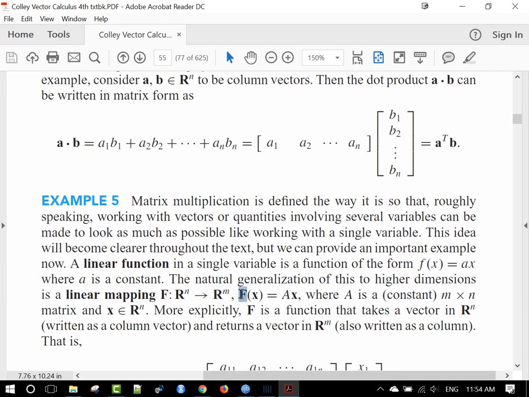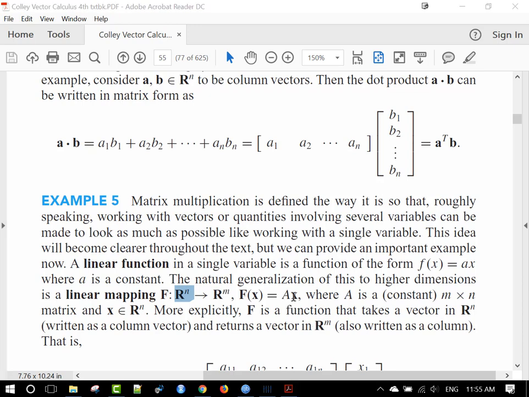Then in that case, we write this as a bold name. And then also, as we just said, the input is also bold, which means that the input is also a vector. So the output is a vector in Rm, and the input is a vector from Rn. So what function is this going to be?